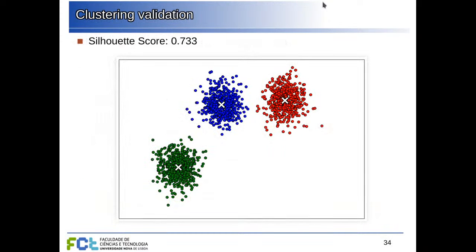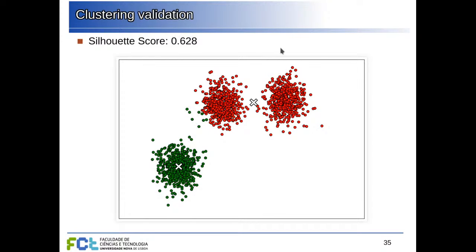So some examples: if you have a clustering like this, with red, blue, and green, these three clusters are considerably cohesive and separated from one another, and the silhouette score is pretty close to 1, at 0.73.